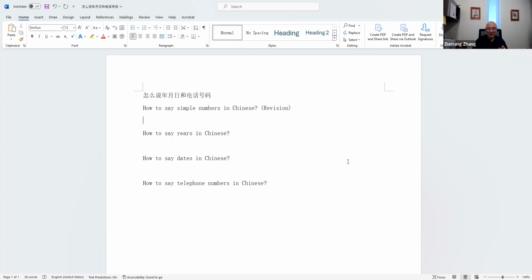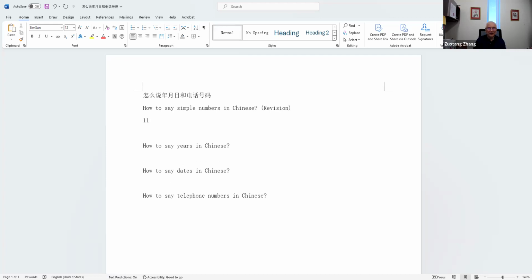That is 11, because 10 is 10 and 1 is 1. So if you see a number like this, that's 11. Okay. And how do I separate them? I just make different lines.